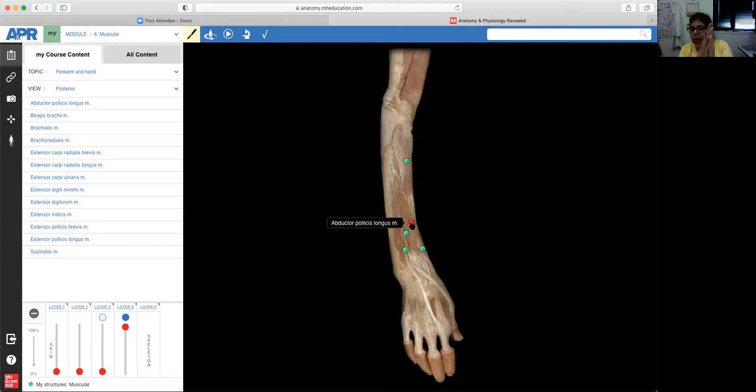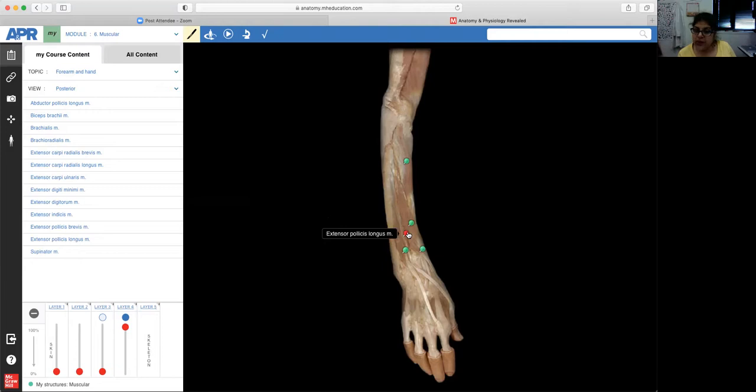Right now, abductor pollicis longus: you have your hand like this, and then you move your thumb, pollex, away from the rest of the hand. That's a movement, and it needs a specific muscle to do that action. It's a long muscle that helps move the thumb away from the rest of the hand.